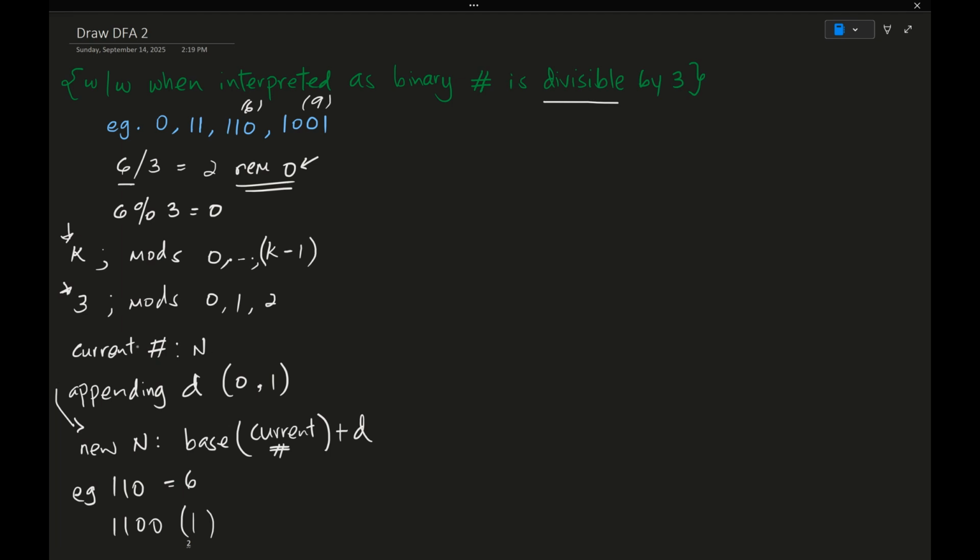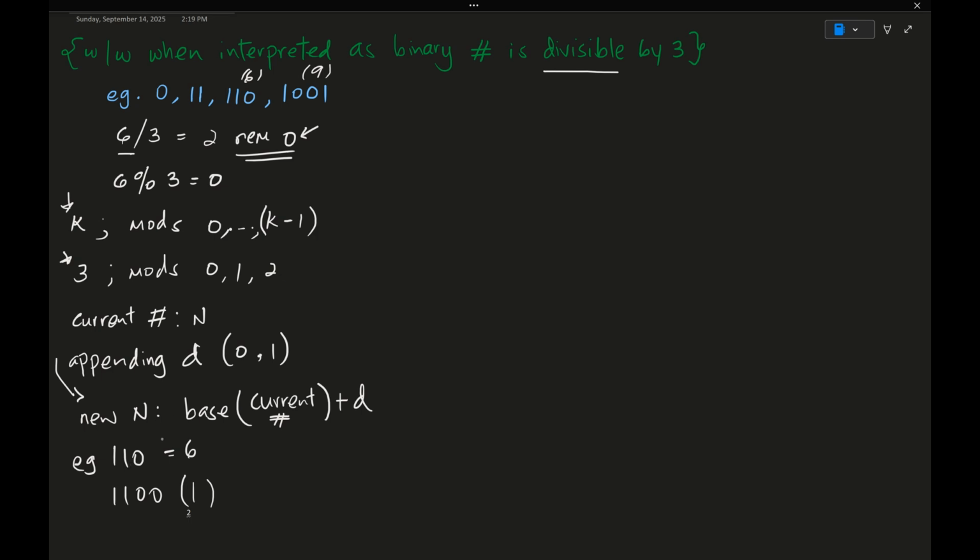In binary numbers, if we have a current number n and we append d to it, so we append 0 or 1, our new number would be the base multiplied by the current number, plus d.